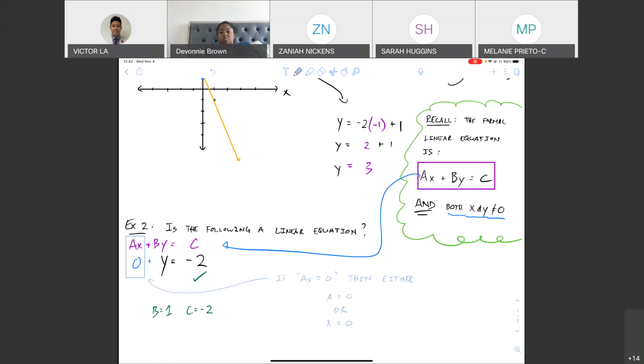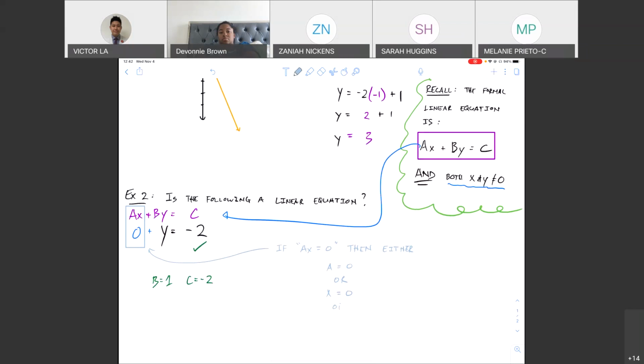Or the third one, technically, is that a and x are both equal to 0. So those are our three options, right? You go, okay, that kind of makes sense. I think it does, right? If you have 0 and it's made up of two things and you're multiplying, either one is 0, the other is 0, or both are 0. Hopefully everyone's following right there.